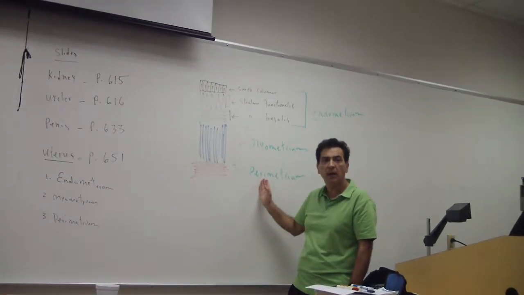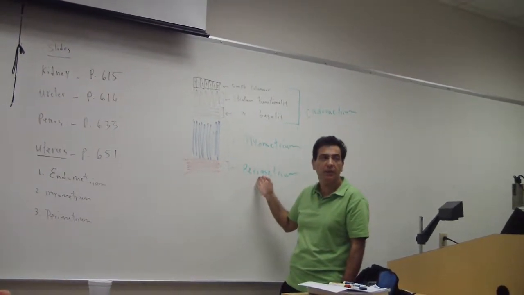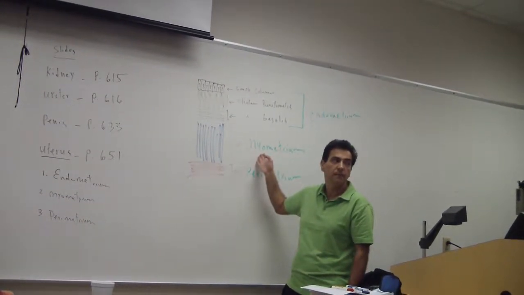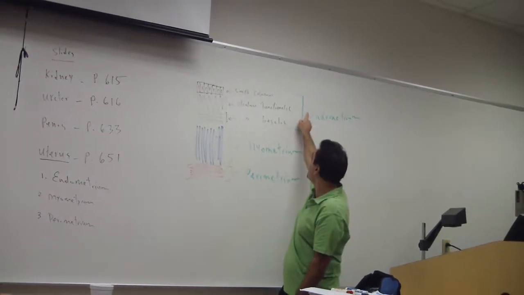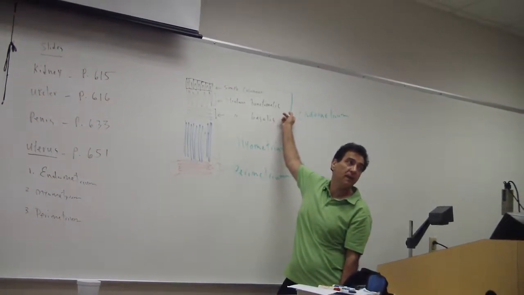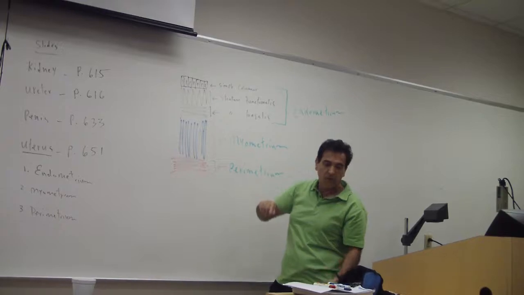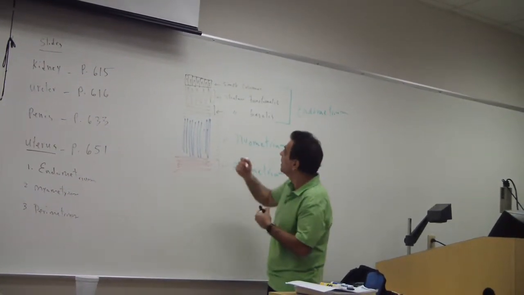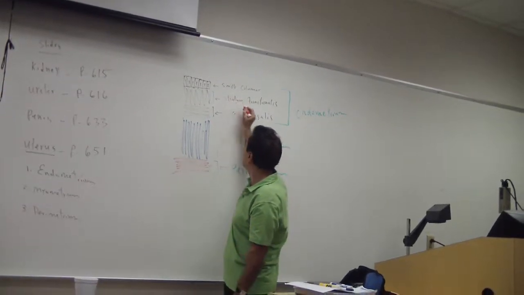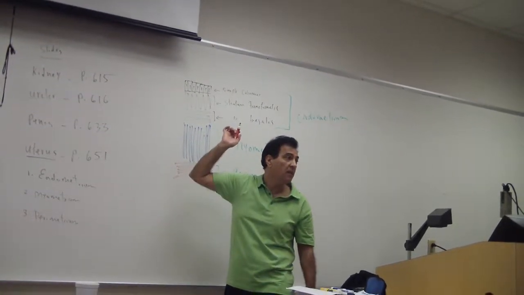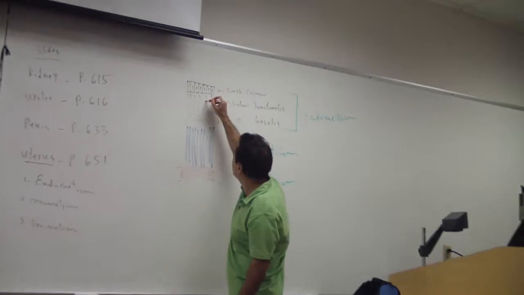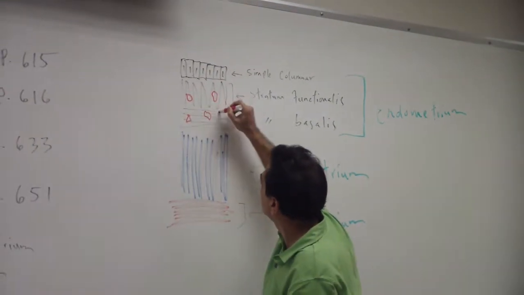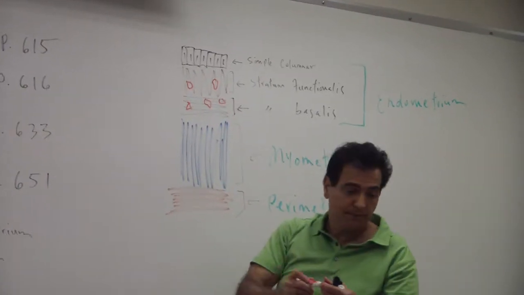There is no change in perimetrium. But there would be some changes in the endometrium, which is made up of simple columnar, the functionalis and what? Basalis. Here you also have arteries and veins, because you have to nourish these cells.